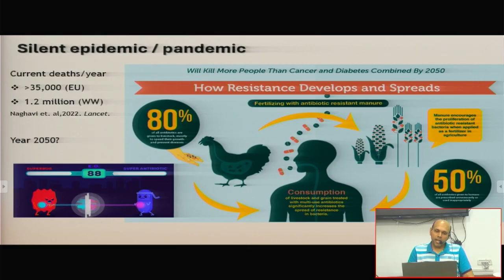So 80% of the antibiotics given over there are not necessary actually. In the past I gave you some examples of antibiotics that were used as growth promoters, like streptomycin, for example, tetracycline. So that is one way.